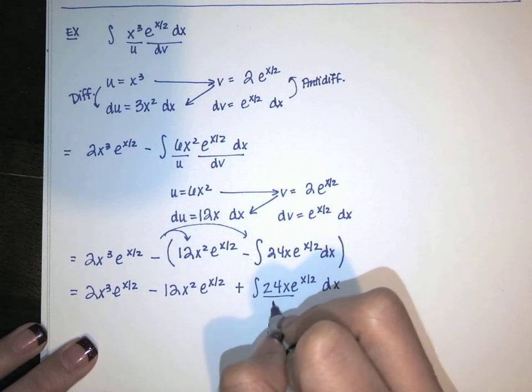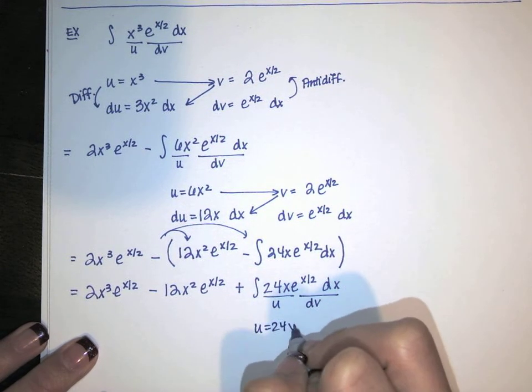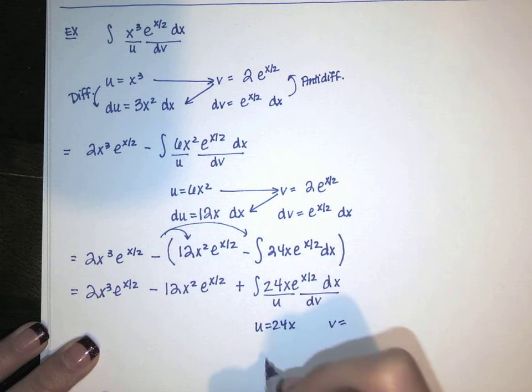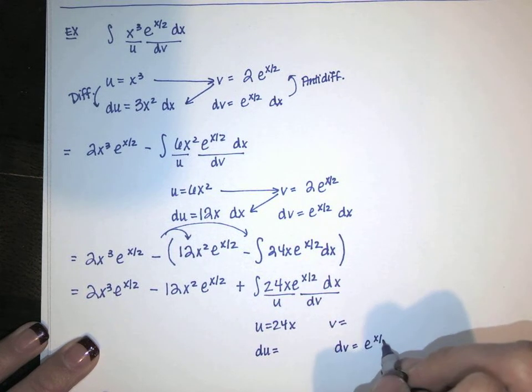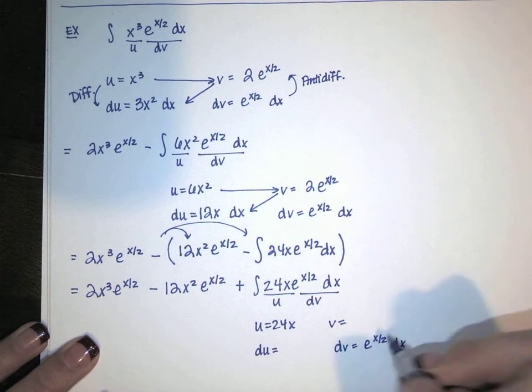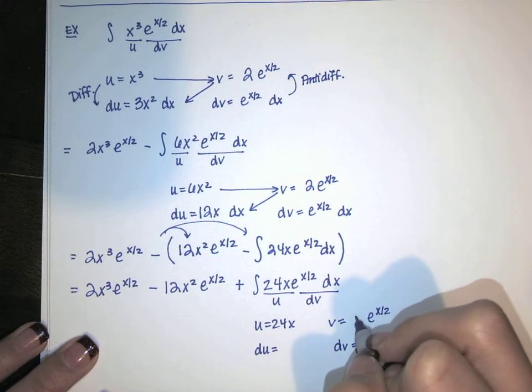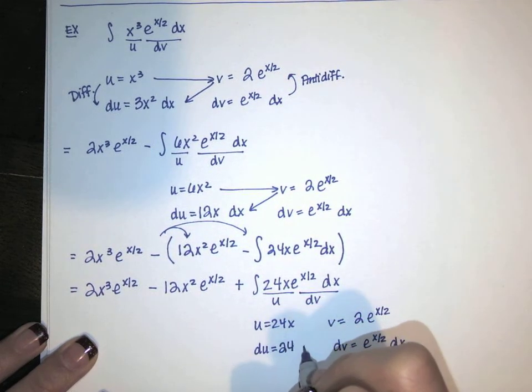So here's my u, and there's my dv. The antiderivative of this exponential is the exponential times 2. The derivative of 24x is 24.